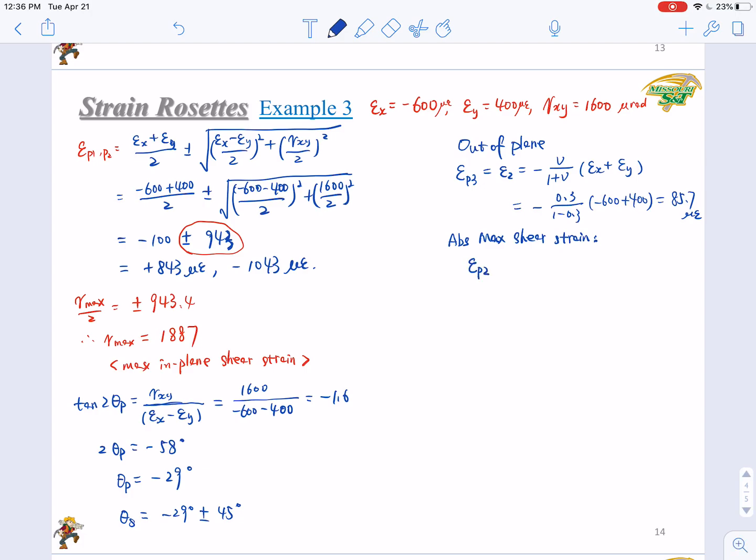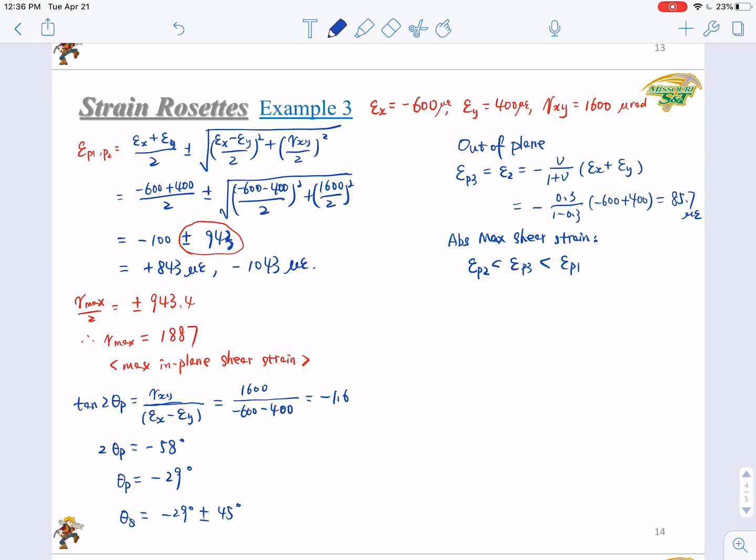Epsilon P2 is negative 1043 microstrain. It's the smallest one, smaller than epsilon P3. And epsilon P1 is the biggest one, that is 843 microstrain. So actually P3 is not critical. We just need to use P1 and P2 to calculate the absolute maximum shear strain.